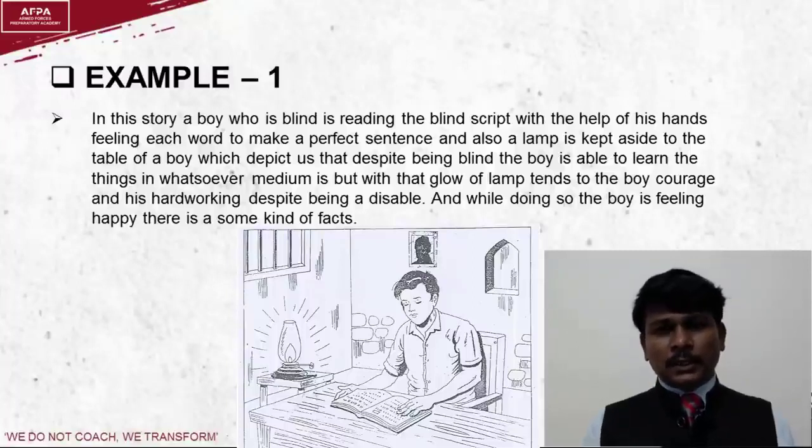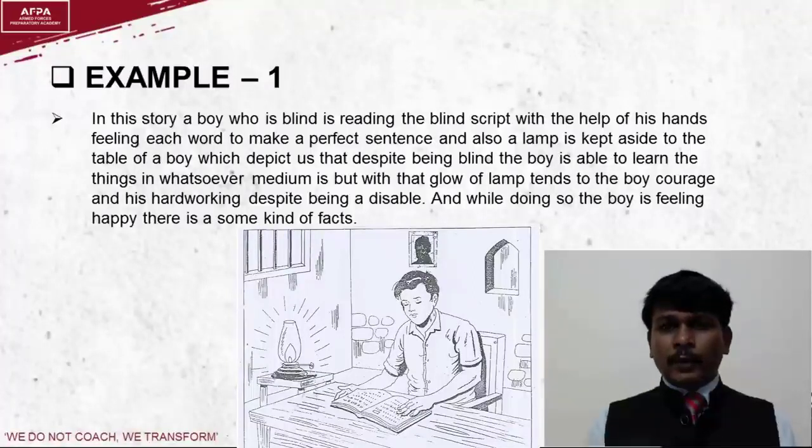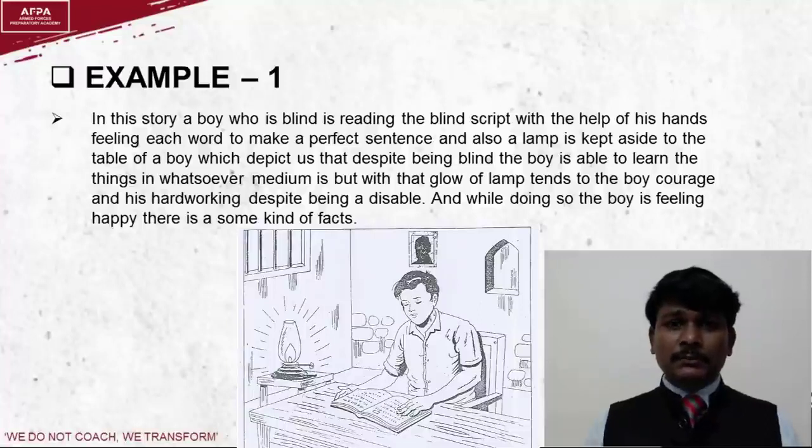So, considering this logic, if you wanted to write the same story, about someone who is reading a blind script, but at the same time he is not a blind person. We all know that it is not necessary that only a blind person should read the blind script. Even someone who wants to interact with blind people, someone who wants to teach blind people, obviously should go through what they are undergoing.